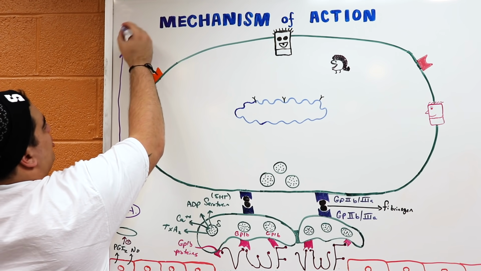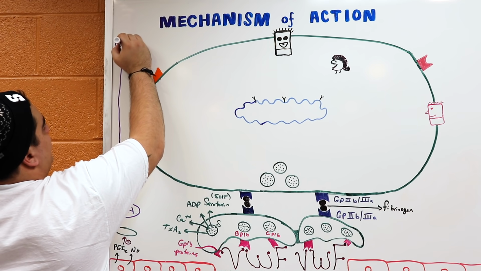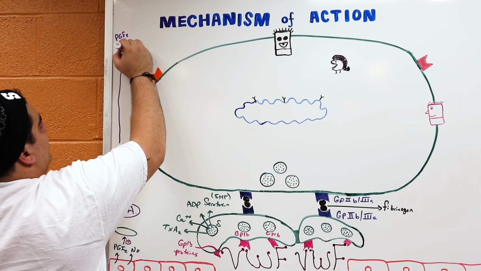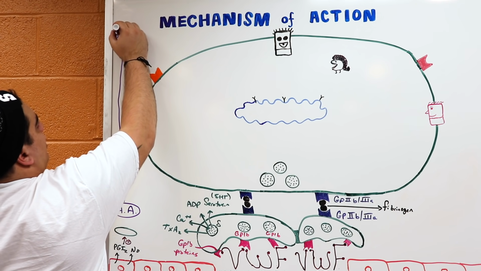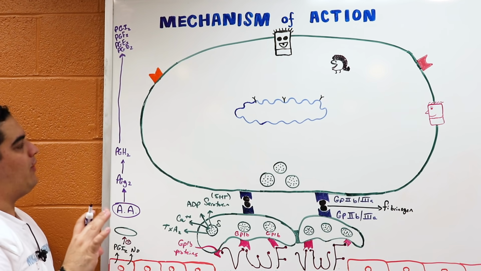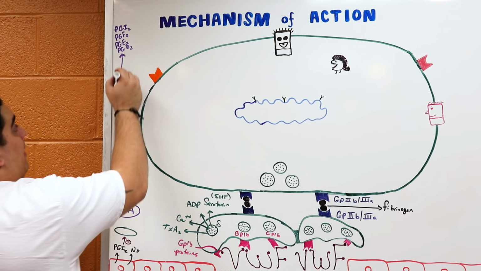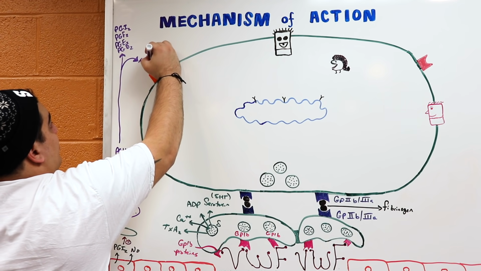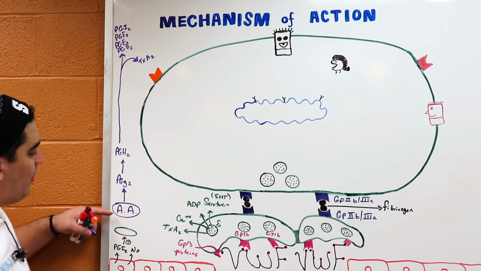One component we're not super worried about. It's like your PGE2, PGF2, PGD2, and there is another one called PGI2. Those ones we're not super worried about right now. The one that we do care about is called Thromboxane A2. So it's made from arachidonic acid.